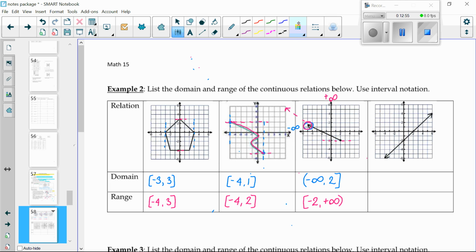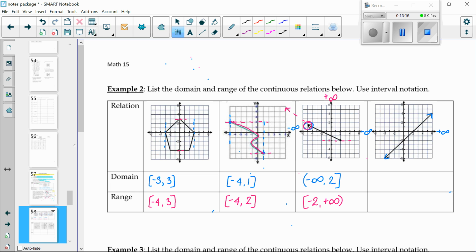Next, we've got a straight line with arrows on the ends. Okay, so looking at our domain, all of our possible values for x, okay, so it's going from -infinity to +infinity.